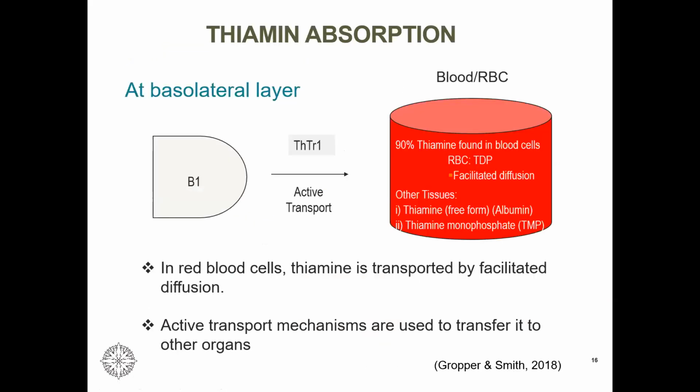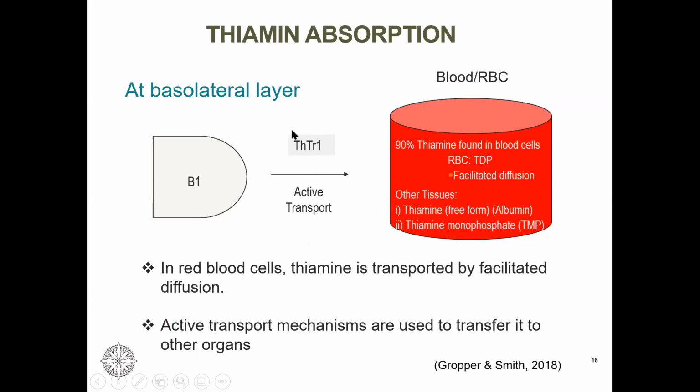So then moving on, at the basolateral layer also, thiamine has thiamine transporter 1, and it can be taken into the blood by active transport. But in the blood, it can simply move around by facilitated diffusion. And other organs, because they are all needing it, mostly are using the same active transport.